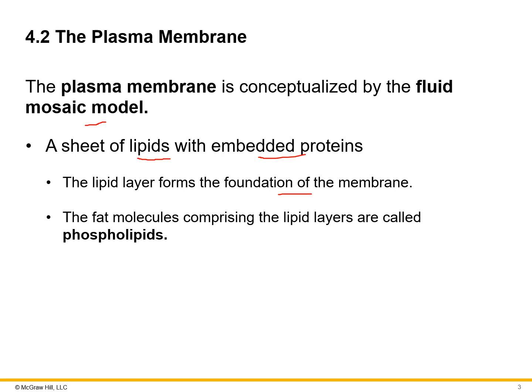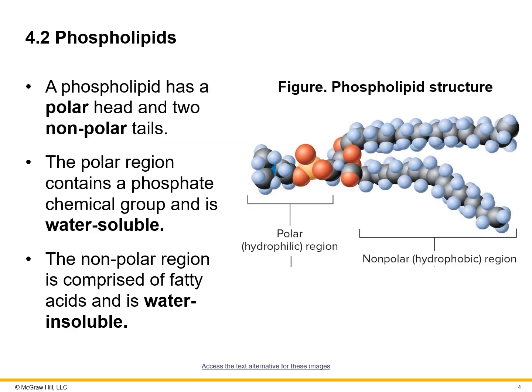And again, the main part of this plasma membrane, also called a cell membrane, are what are called phospholipids. And a picture here shows what a phospholipid is. Phospholipids are unique. They are lipids, which means they don't like water. But they do have a part that does. So hydrophilic means water-loving, hydrophobic, water-fearing.